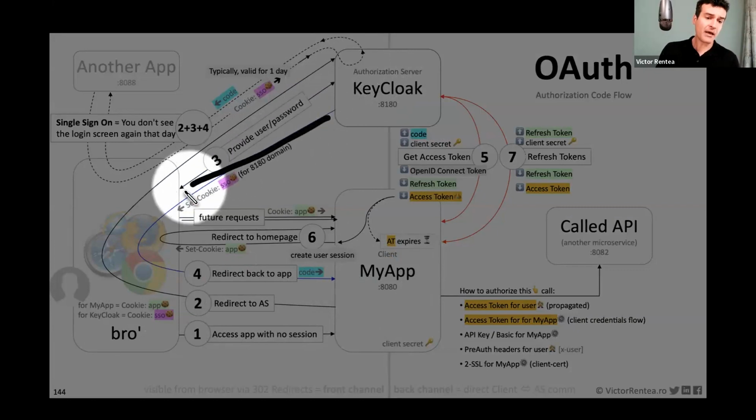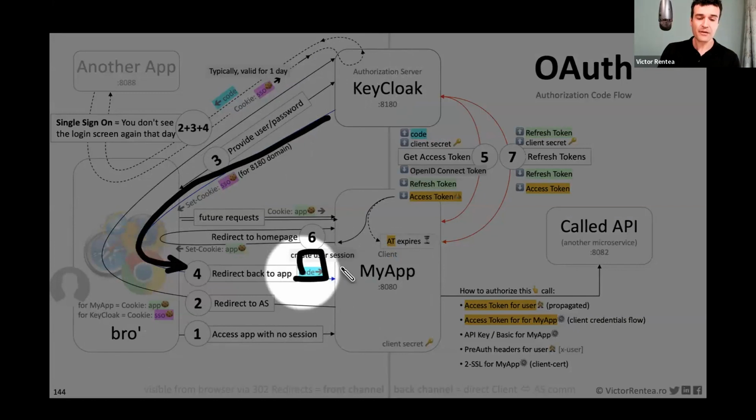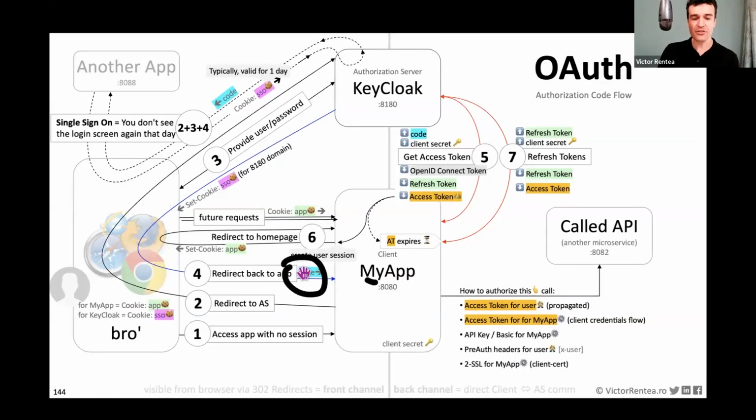And then I will be redirected back here with an authorization code, which the application will exchange on a back channel, invisibly behind the curtains, not through redirects going through the browser, for an access token.